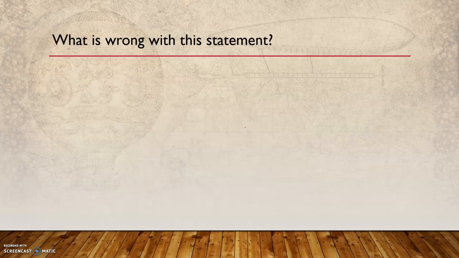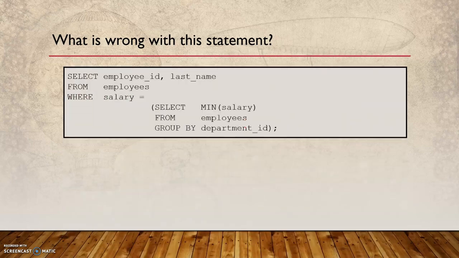Then let's quickly look at a condition, maybe a quiz. What will happen in this query? What we are doing is getting the minimum salary from employees, group by department ID. The first question is whether it is going to be a single row or multiple rows.